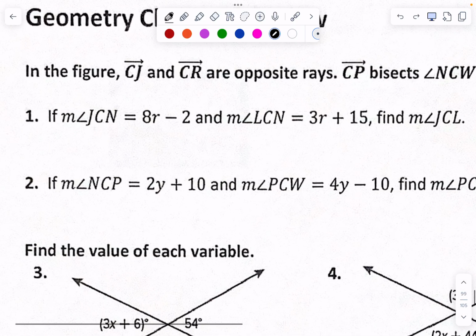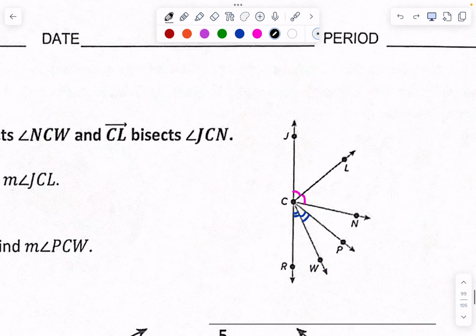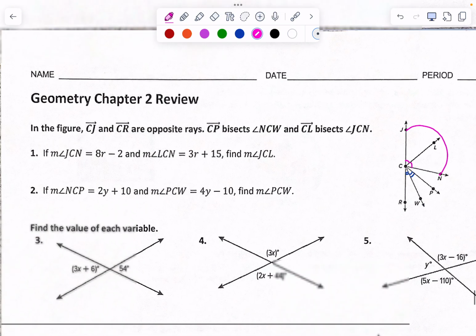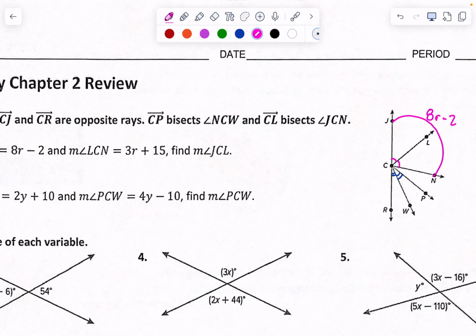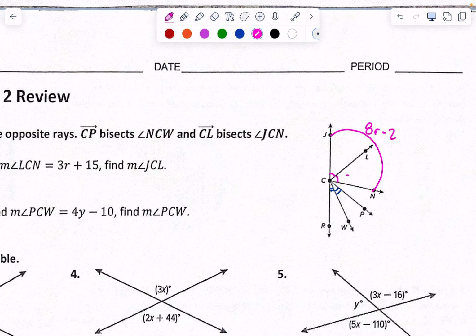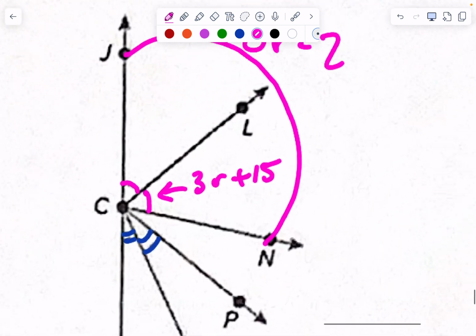Let's see what we've got. JCN. Do you see which one JCN is? JCN is this whole big thing, and he is 8R minus 2. LCN is just this guy, and that is 3R plus 15. All right, and they want me to find some stuff.